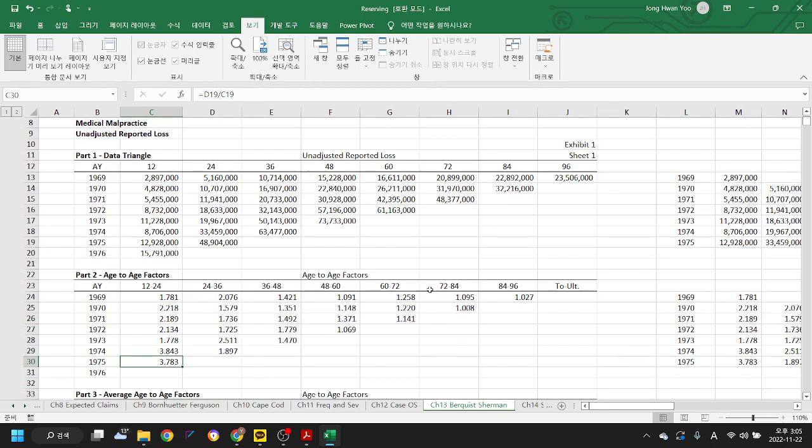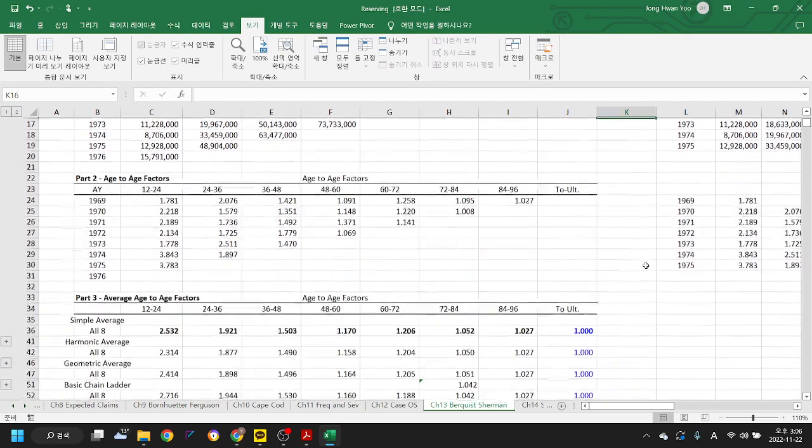Obviously, it has only 8 years of accident year data, and it doesn't end there. So probably it takes a little longer to reach ultimate.